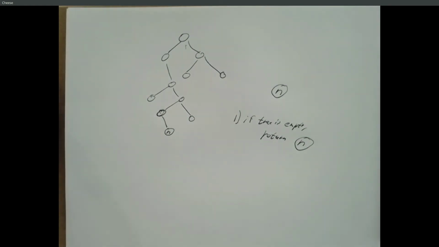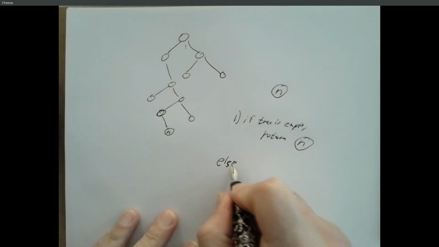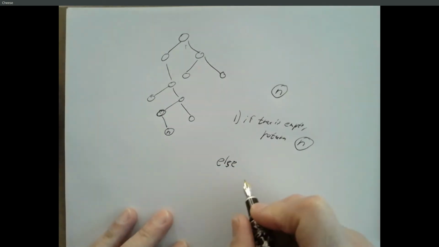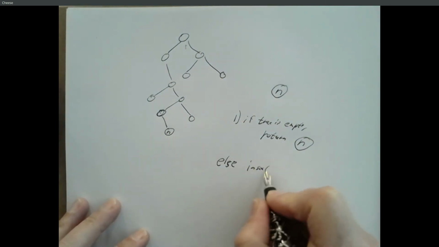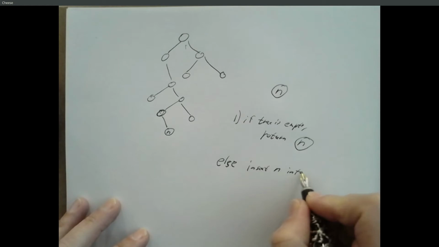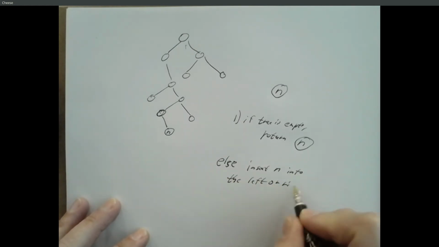All right, that's how you insert into an empty tree. Just make a node. That's the root of the new tree.